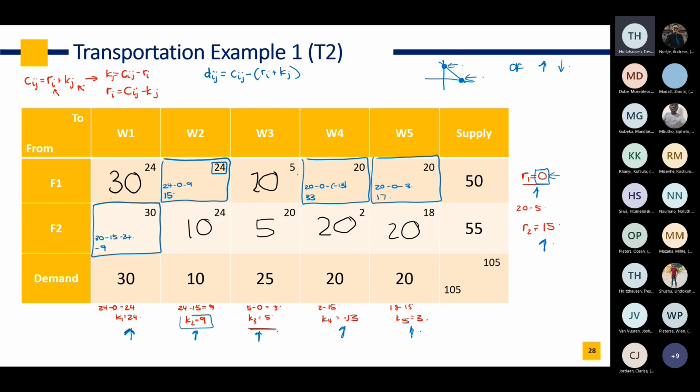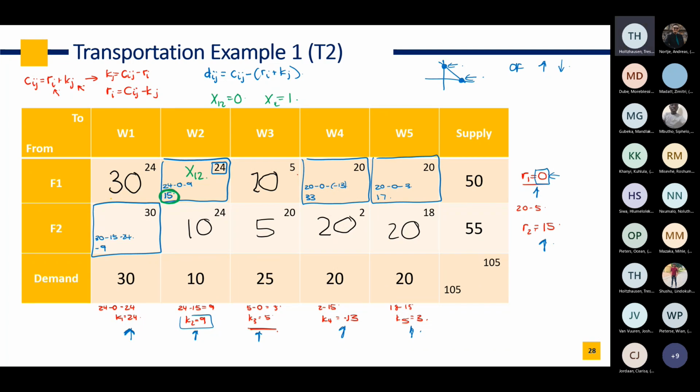So once again, what this value is telling us is this: let's choose this color here. This is actually x12. If we had to increase x12 from 0 to x12 equal to 1, it's going to impact the objective function by increasing it. For every unit that we increase x12, it's going to increase our objective function by 15.